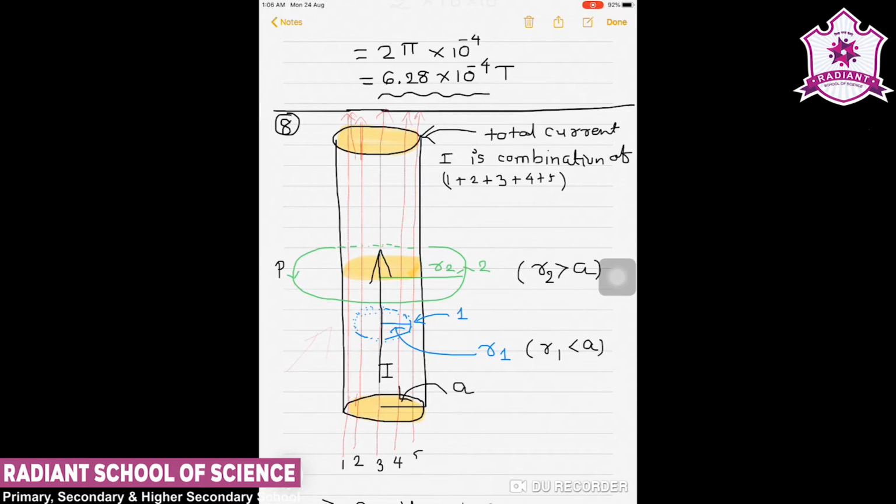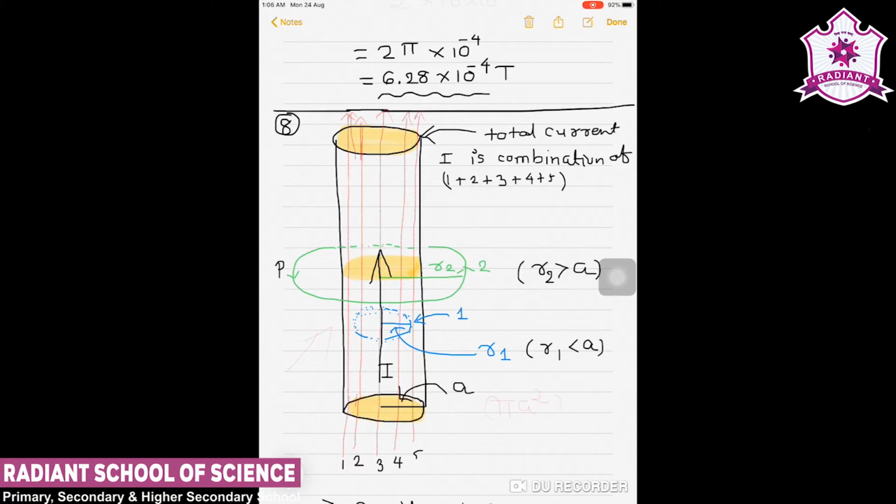Here radius A is the radius of the circular cross section of the wire, and I is the total current passing through it. As given in the question, the current I is uniformly distributed across this cross section, which is given by pi a square.